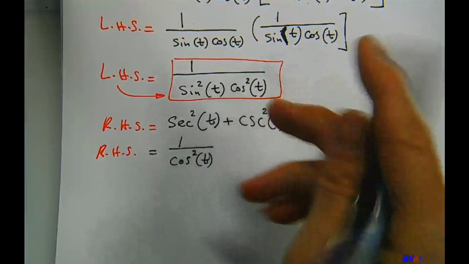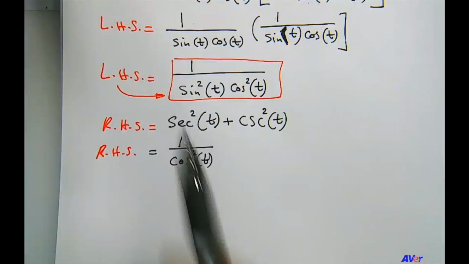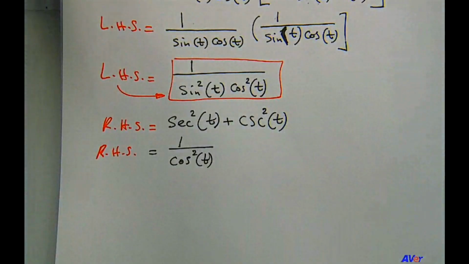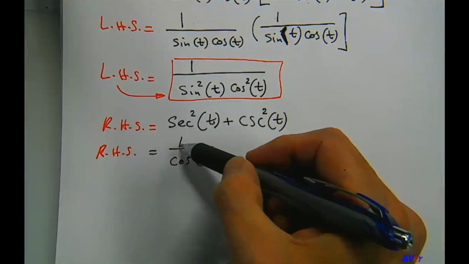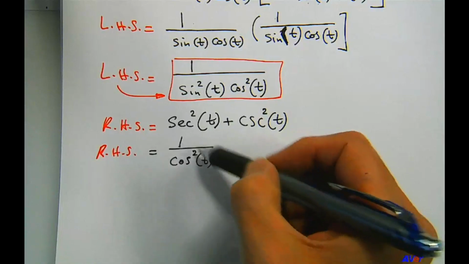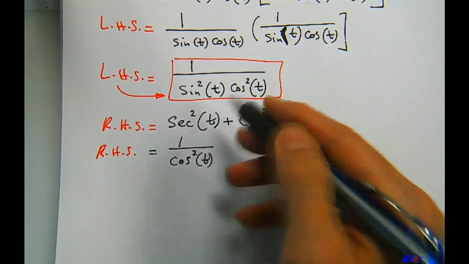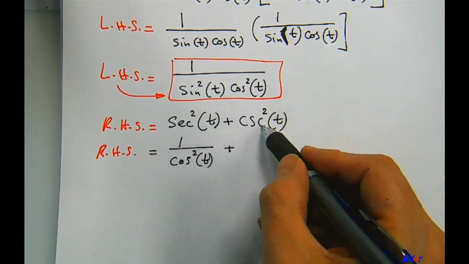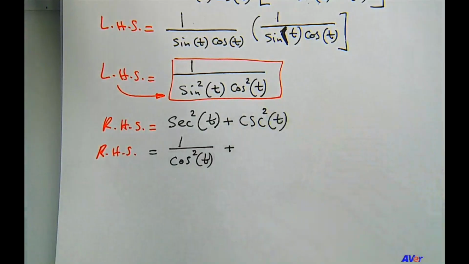The regular secant function is the reciprocal of the cosine function. This is squared, so I squared 1 over cosine t, and I got 1 over cosine squared t, plus the cosecant function is the reciprocal of the sine function.